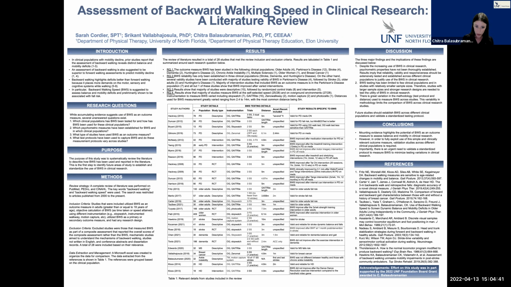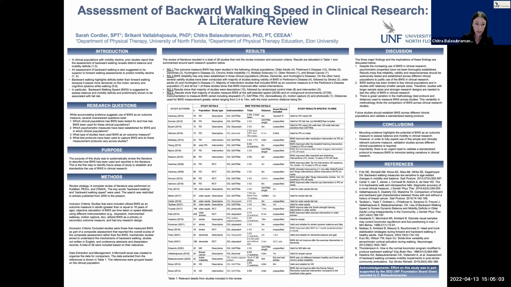And the included articles utilized backwards walking speed as an outcome measure in adults, at least 18 years old. They had an objective calculation of backwards walking speed. They could have used any type of instrumentation, could have been a primary or secondary outcome, and they could have been any type of research design.